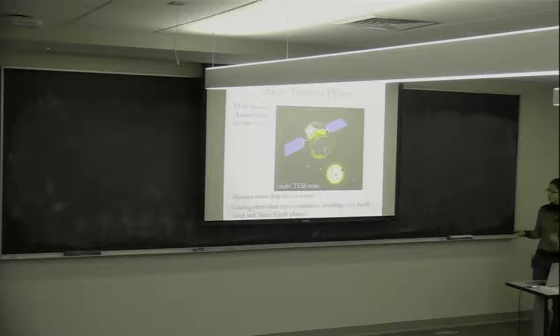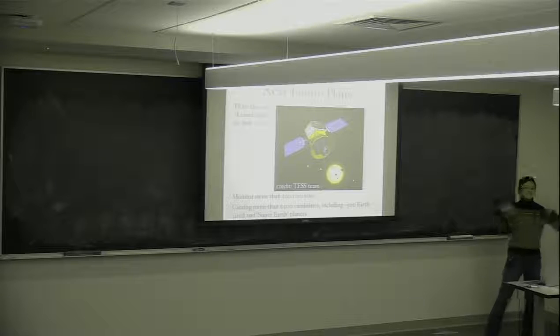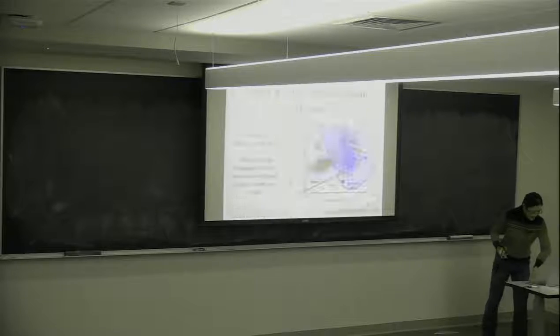They will catalog more than 1,500 candidates very close to us, including possibly 500 Earth-sized or super-Earth-sized planets, which will help us learn more about the formation of these planetary systems and detect possible habitable planets.